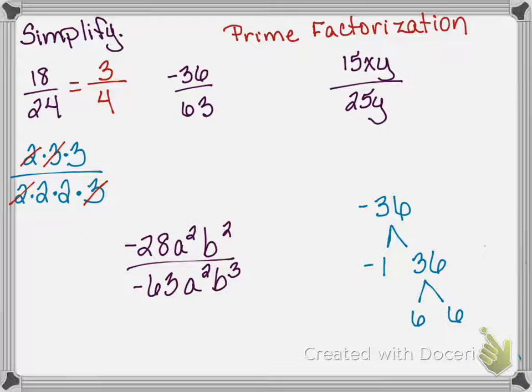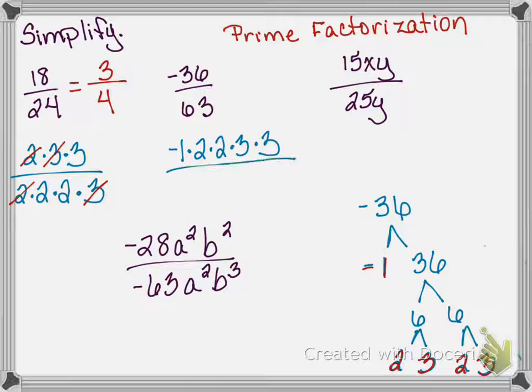Any of those are completely fine because I'm going to get to the same place. 6 breaks down to 2 times 3, and that is my prime factorization: -1 times 2 times 3 times 2 times 3. I like to put them in numerical order.